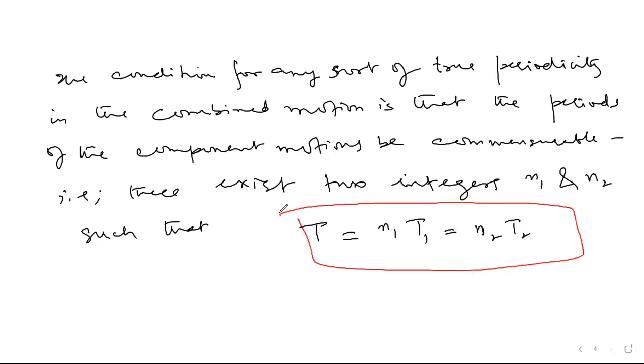So when this condition is satisfied, we say the periods of the component motions are commensurable.